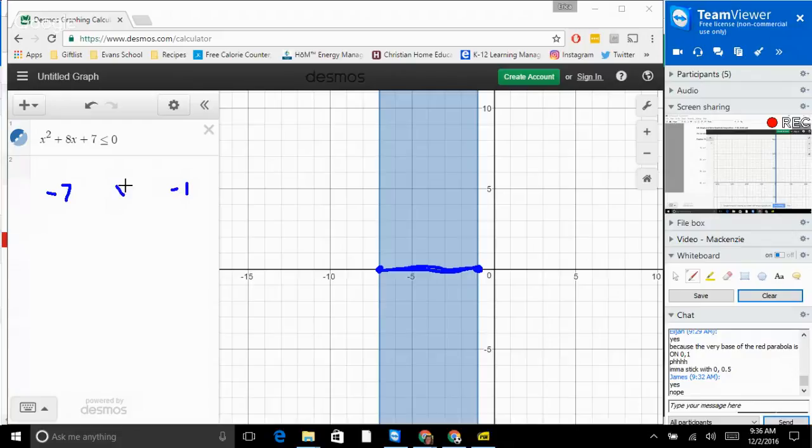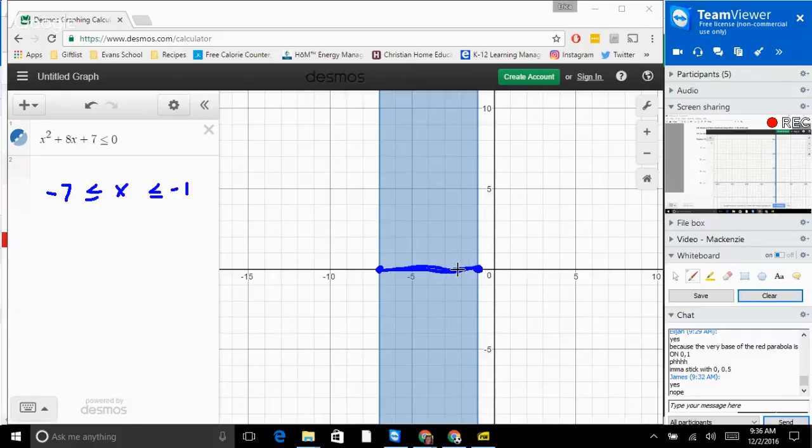So x needs to be less than or equal to -1, and it needs to be greater than or equal to -7 to make this equation true. You guys following okay?